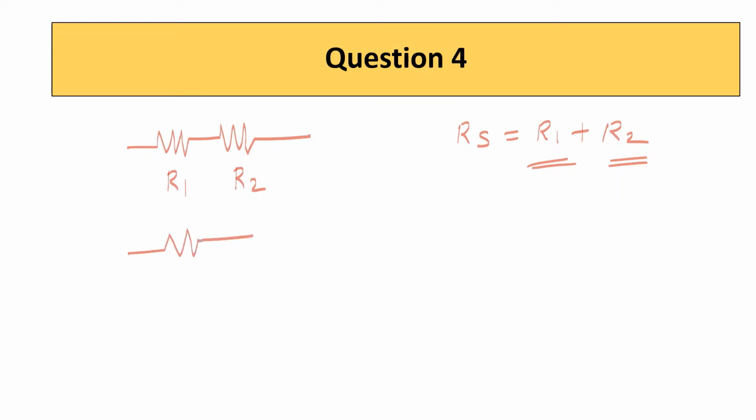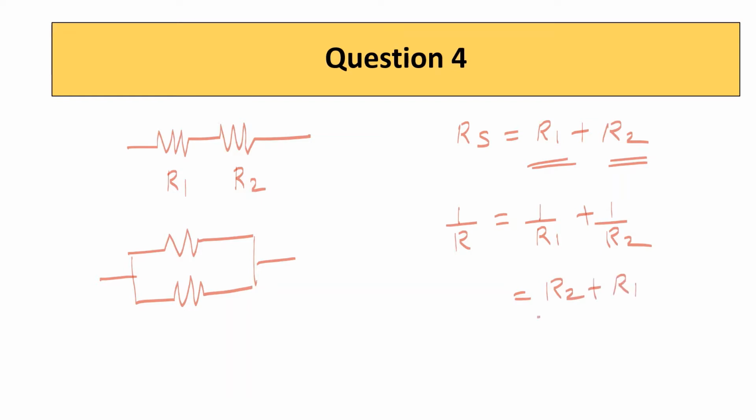But if these two resistances are connected in parallel, then the equivalent value for the resistance is 1 by R is equal to 1 by R1 plus 1 by R2, which is equal to R2 plus R1 divided by R1 R2. 1 by R is this value, therefore R is equal to R1 R2 by R1 plus R2. We have learned all these expressions in part 5.